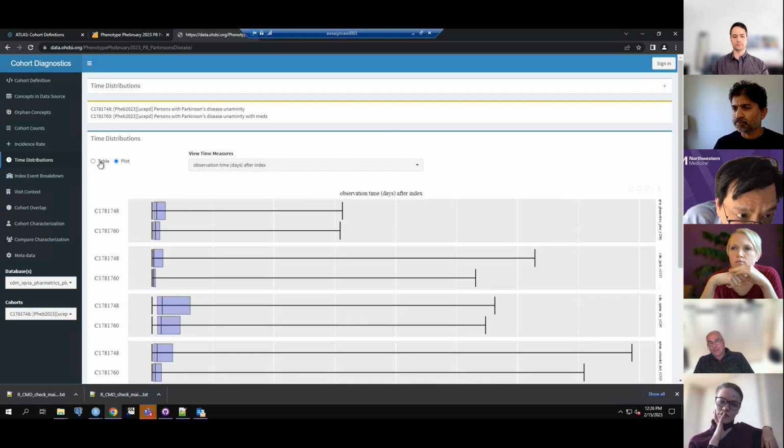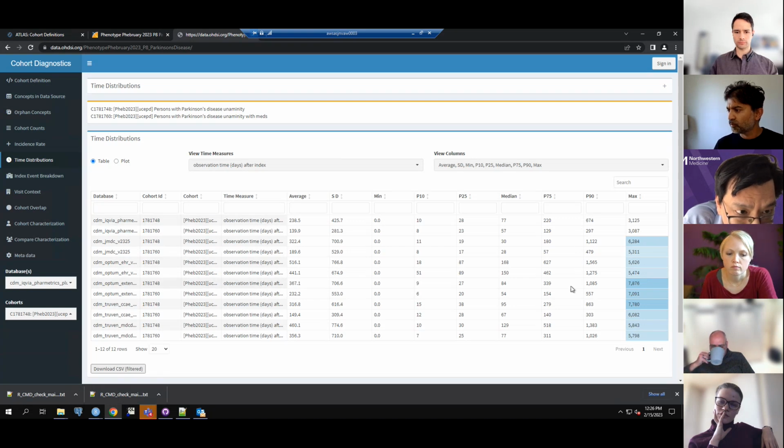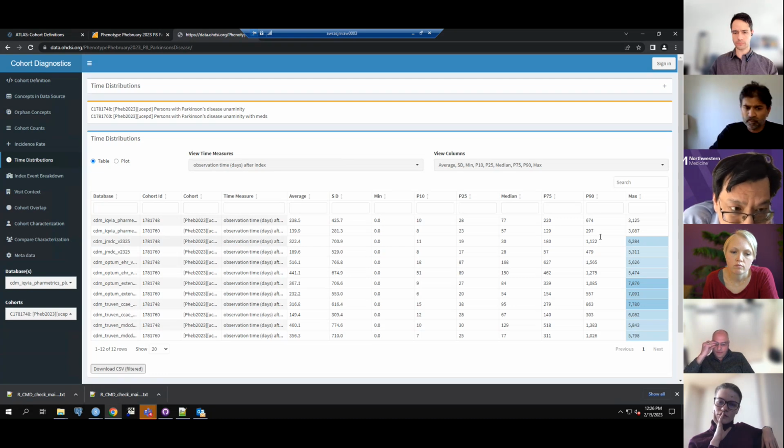Right. So the publication that we are going off of in 2009, where we're pulling this definition, was a chart review of charts to validate PD versus non-PD, strictly defined. And for practical purposes, that publication was based on 3 years of charts. So we've chosen to implement this with a 3-year look back.